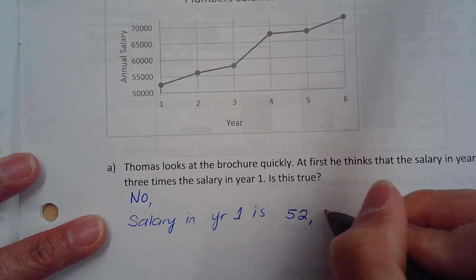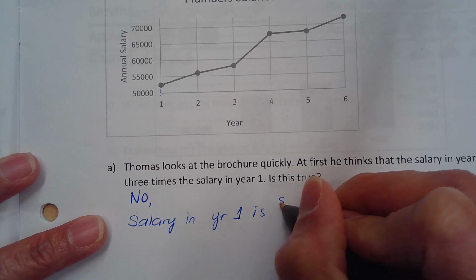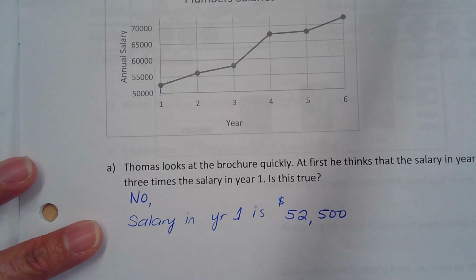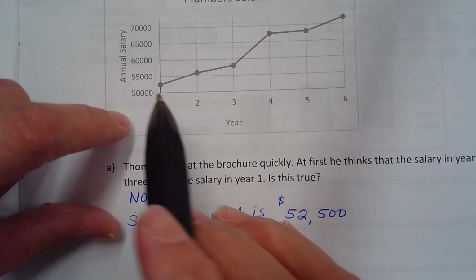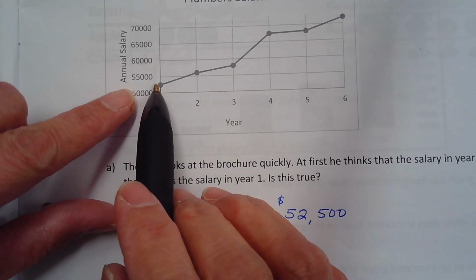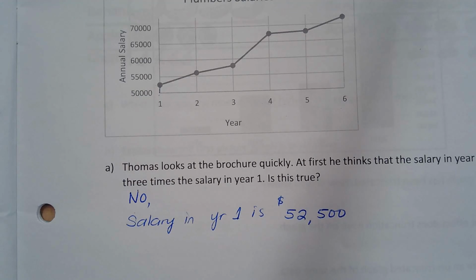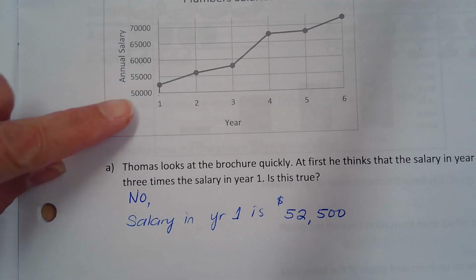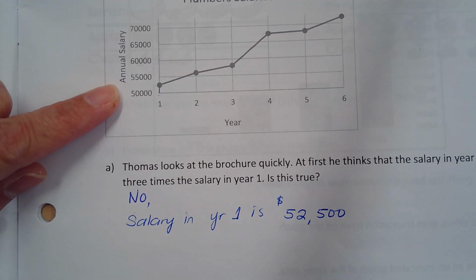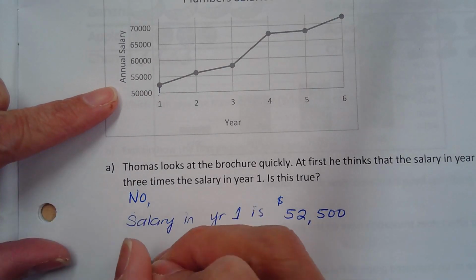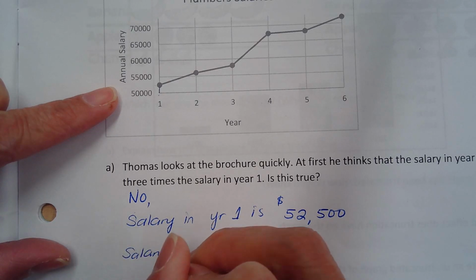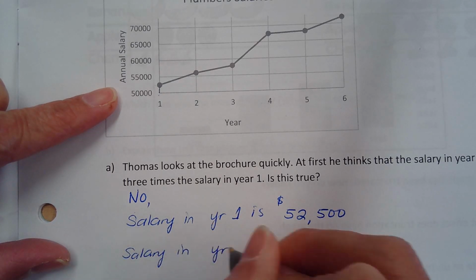Yeah, we can say 52,500. And 50 cents. Right? Because this point in here hovers between 50,000 and 55, so it's the middle of that. 52,500. What about the salary in year 6?